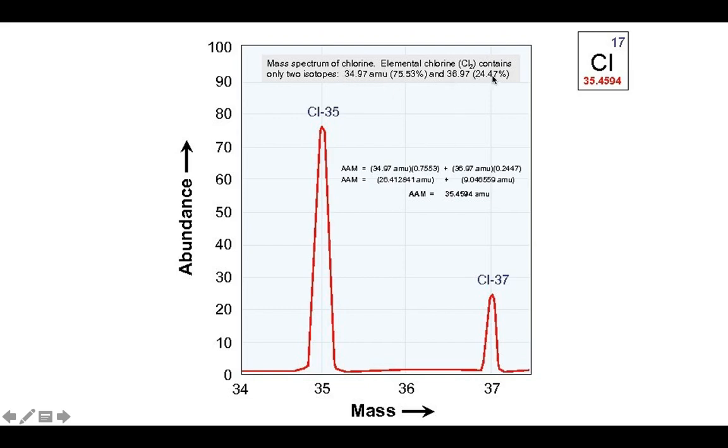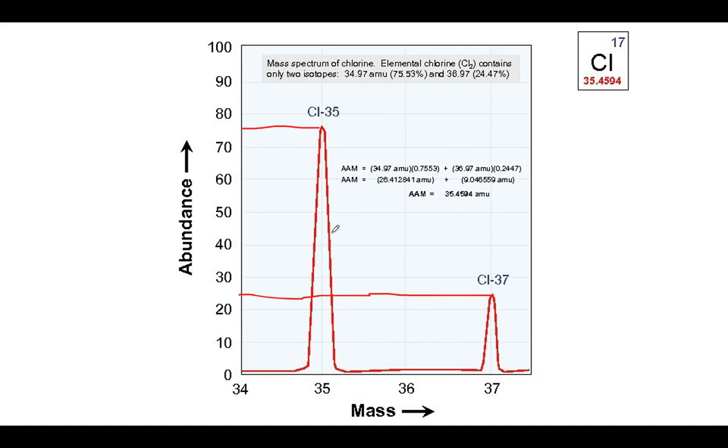The other percentage is 24.47%, which is exhibited by this smaller peak. If you go straight across, that's about 24% or 25%, and over here, this is about 75%.